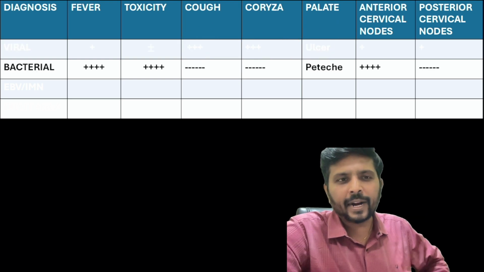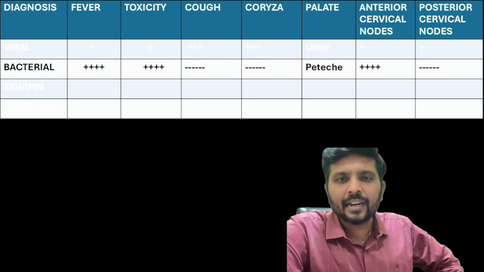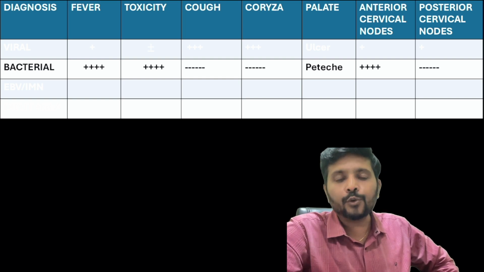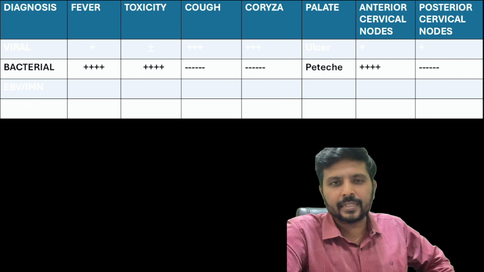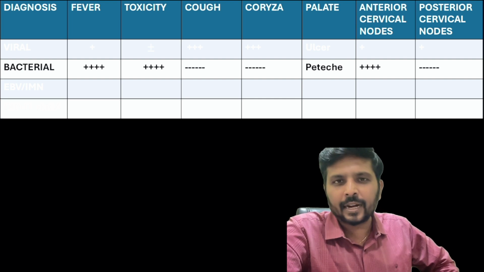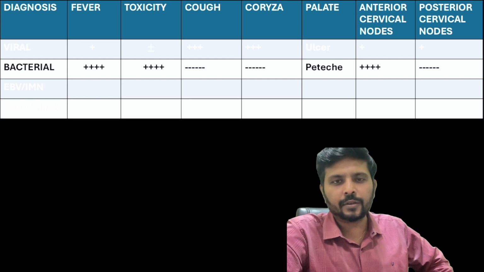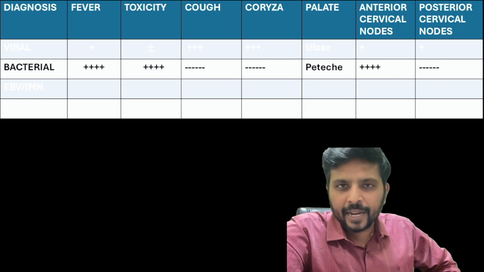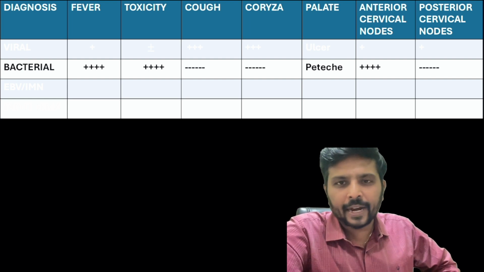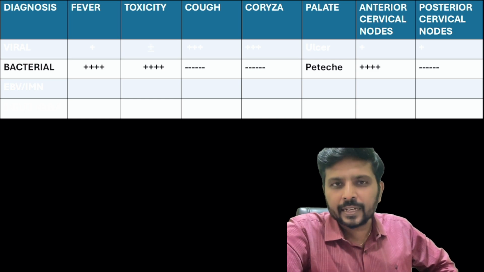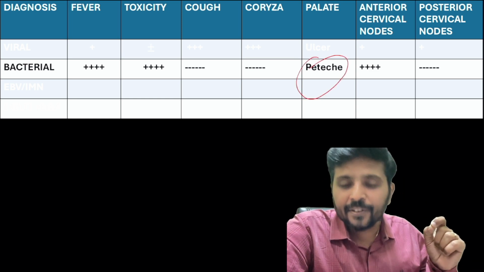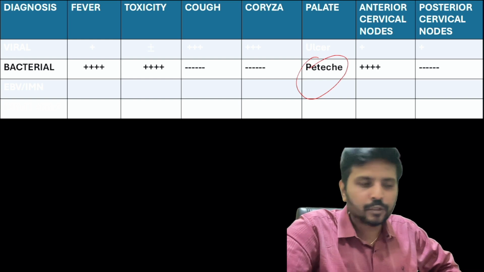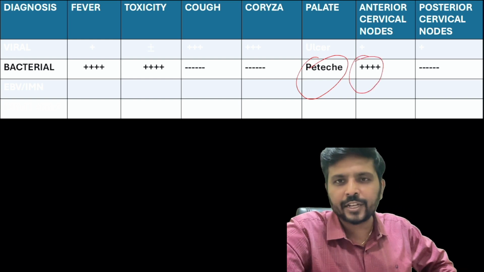Second, if it is a case of bacterial pharyngitis, remember you will not have any cough, coryza, or palatal ulcer. The presence of cough, coryza, and palatal ulcer literally rules out bacterial pharyngitis. But here, the fever will be high grade, the toxicity will be high grade, and instead of ulcers, you can have palatal petechiae, and a significant anterior group of lymph nodes, particularly the jugulodigastric nodes.